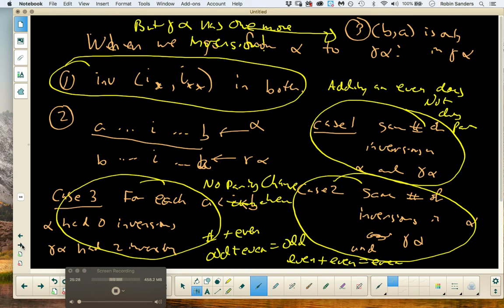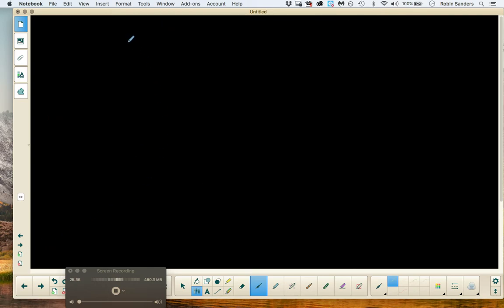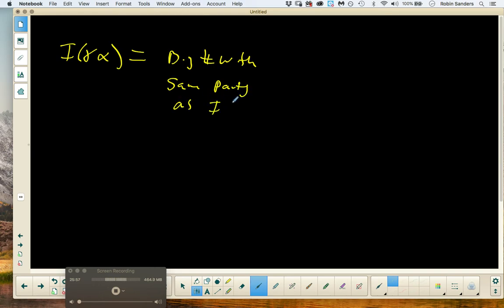The fact that we have one more inversion means that when we're looking at the inversion number of alpha followed by gamma, what we basically have is a big number with the same parity as the inversion number of alpha plus one more, and that one more comes from the B comma A inversion in first do alpha, then do gamma.